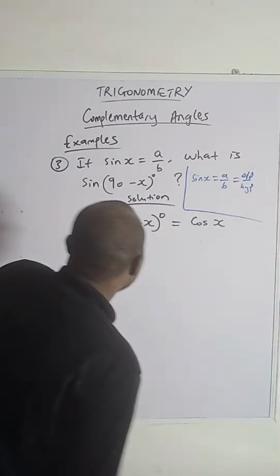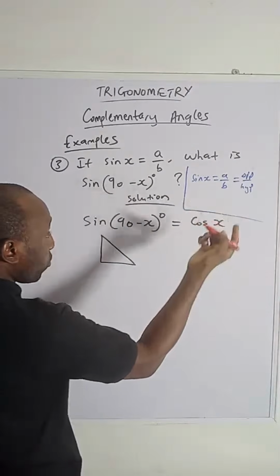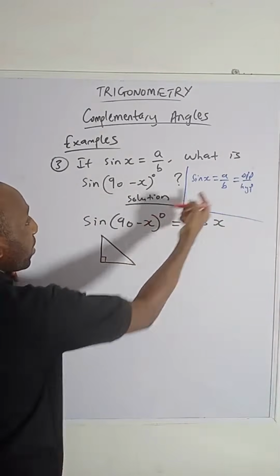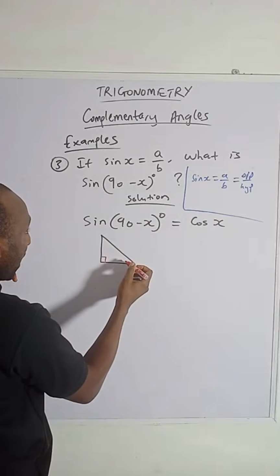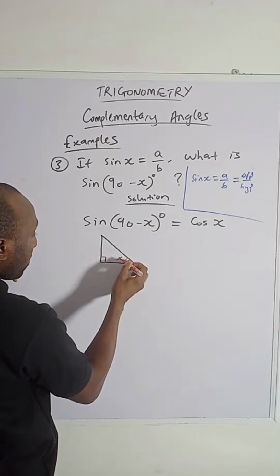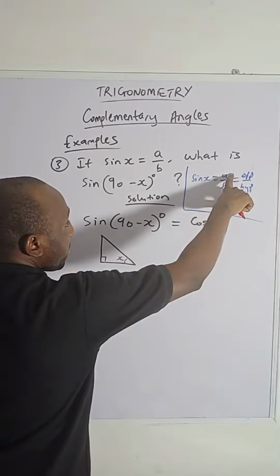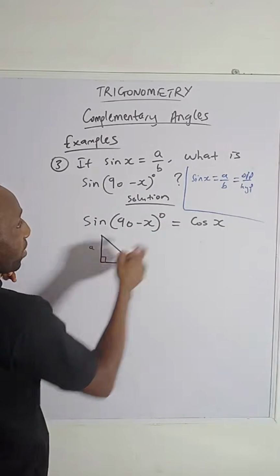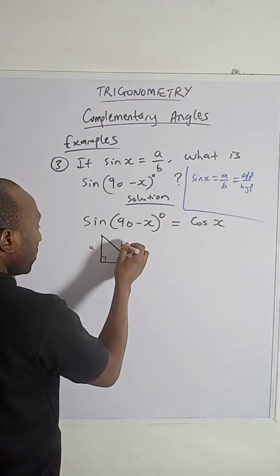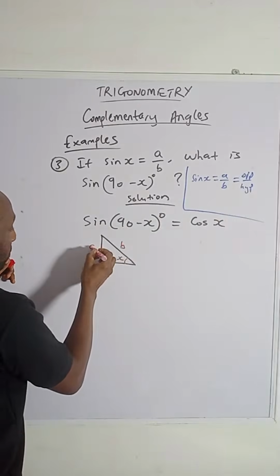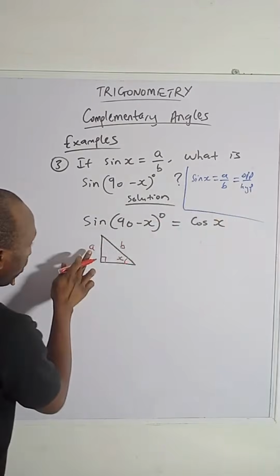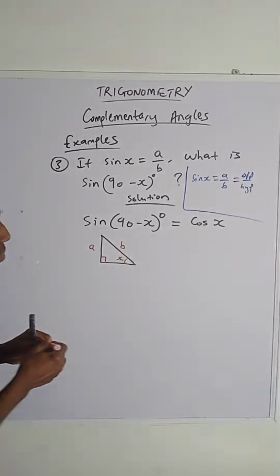So if I label this triangle, we have to do it carefully. This is the right angle here. If this is the angle x, the opposite must be A. So this is A, and the hypotenuse is B. Sine x is equal to opposite over hypotenuse.